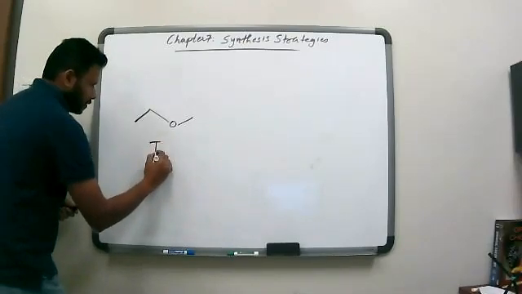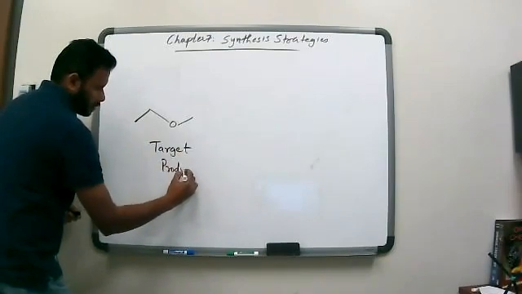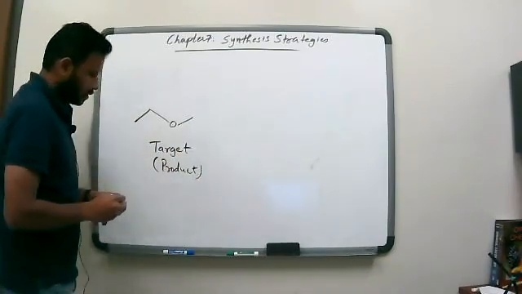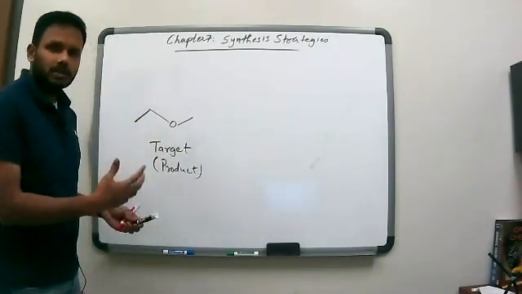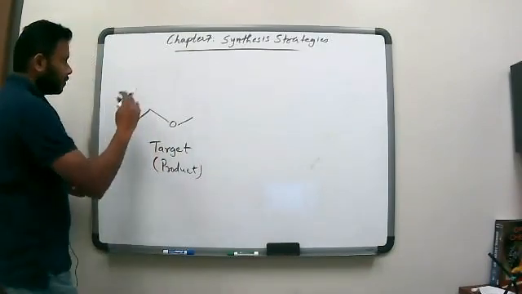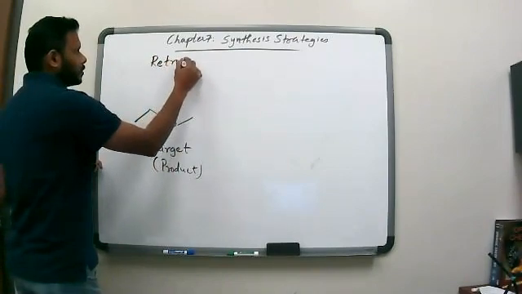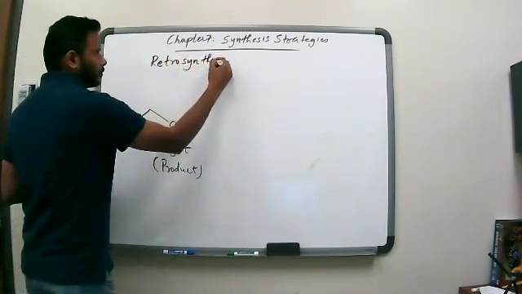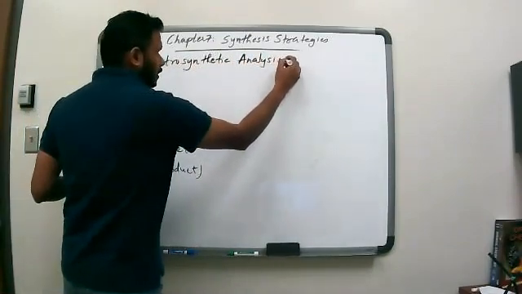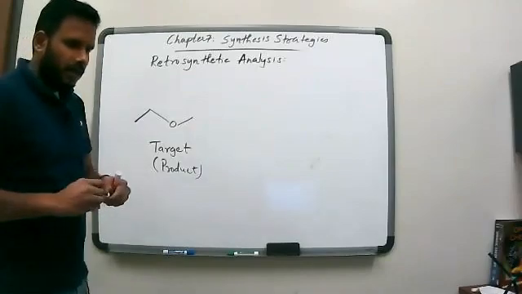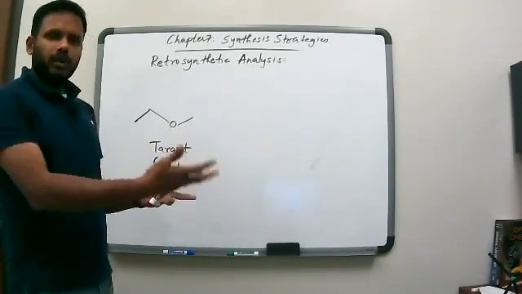This is our target, or our product that we want, and we want to come up with possible starting materials for this. This kind of analysis is called a retrosynthetic analysis, where you have a final product and you're thinking about how we make this molecule.